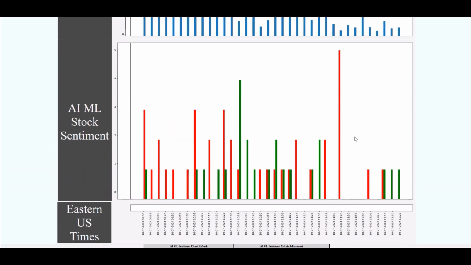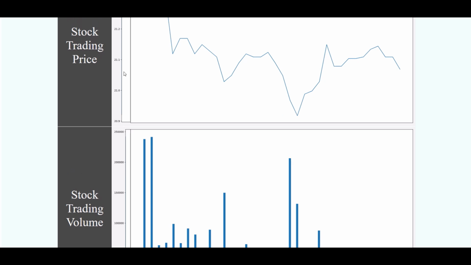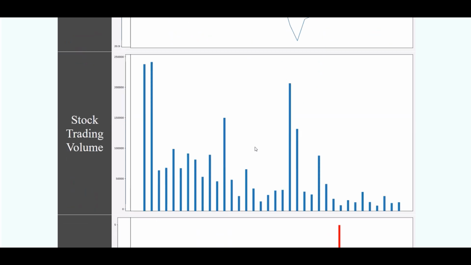The bottom graph here is the AI machine learning stock sentiment, and this is consumed from a separate API. Stockgeist is the API for the stock sentiment, and the stock performance, which is the price and volume, is being pulled from Finnhub.